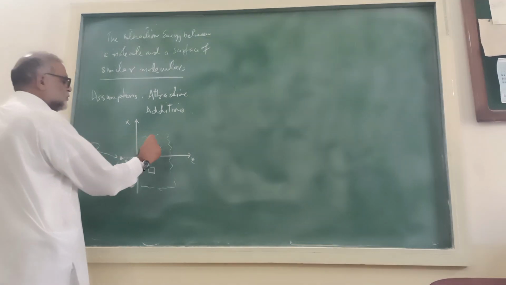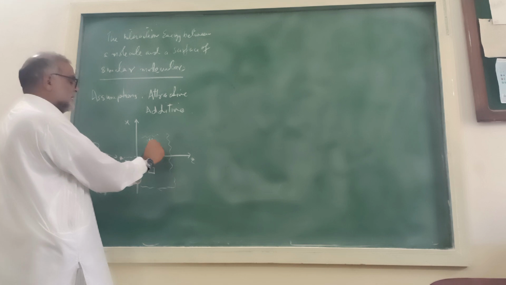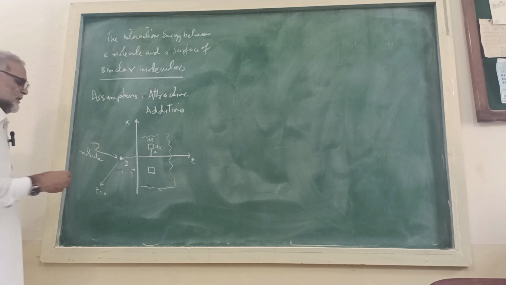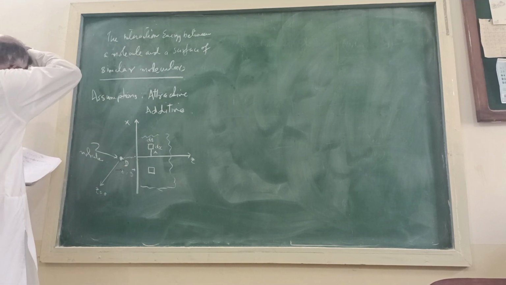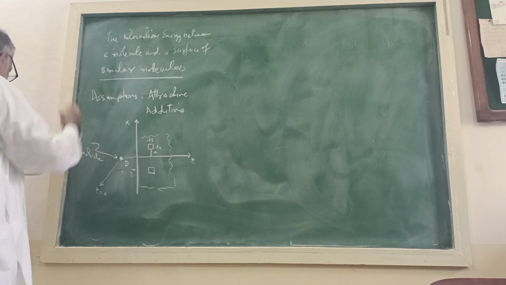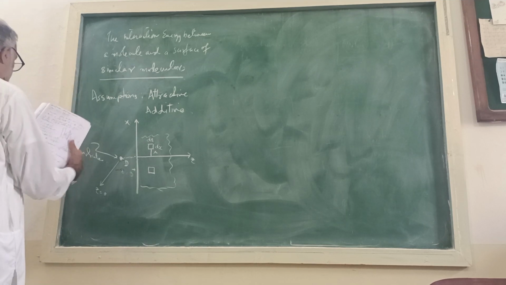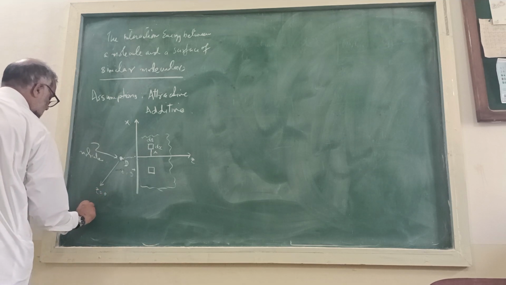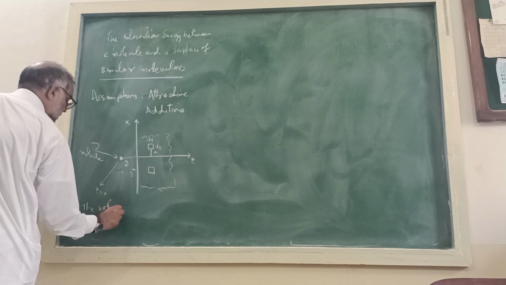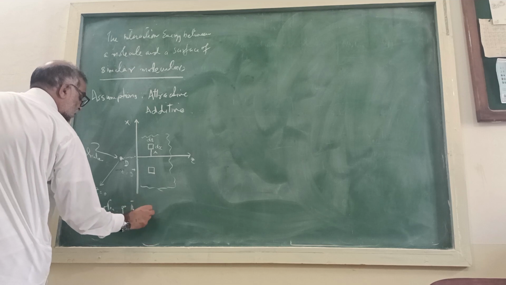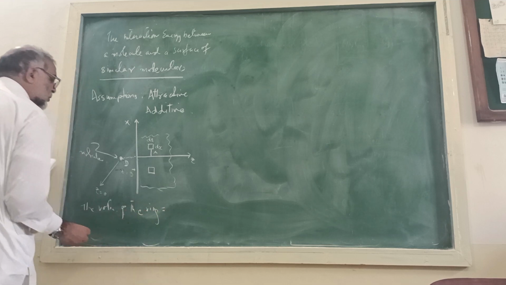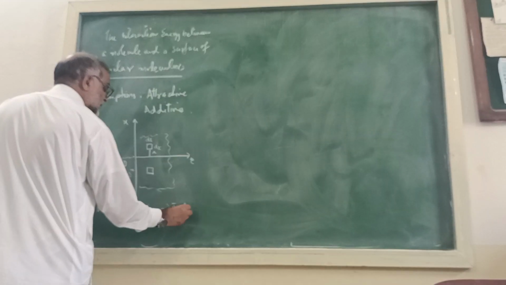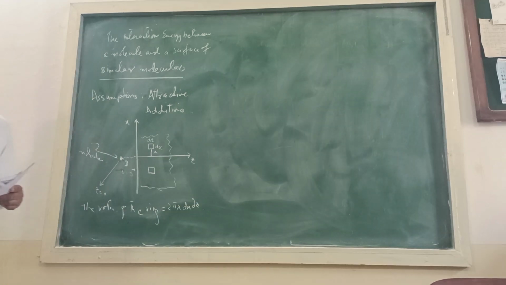And then multiplying it with dx and dz, that will give the whole volume of the ring. So I can say that the volume of the ring is equal to 2 pi x dx dz, right?